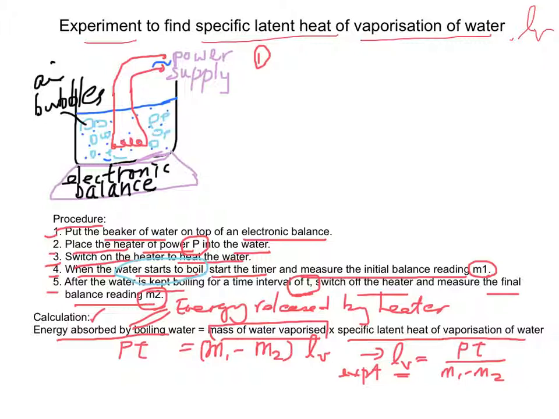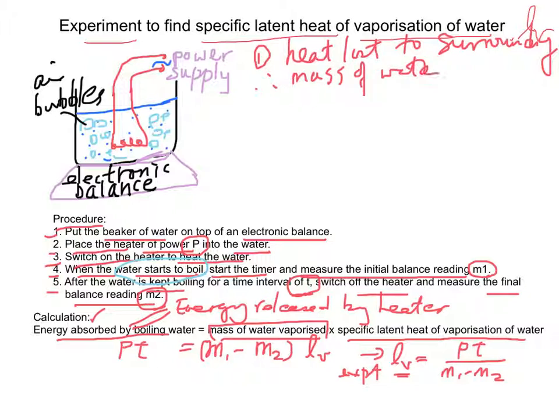There are some errors in the experiment which will affect the value of LV found. The first is that there is heat loss to surrounding. Therefore, the mass of water vaporized will be smaller.